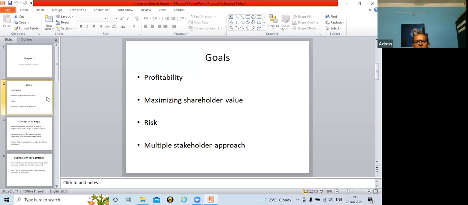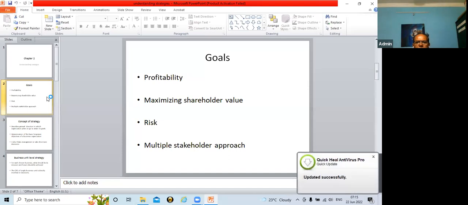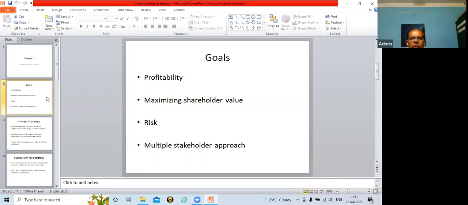And in turn with this benefit, if your employees are happy, definitely they will work for company efficiently and sincerely. They will devote their time to the organization, and then organization can develop, can prosper.